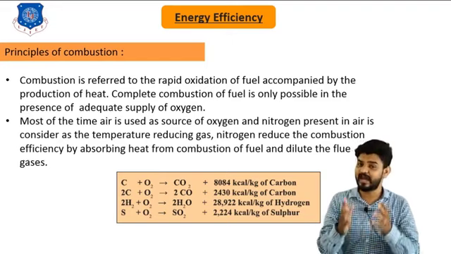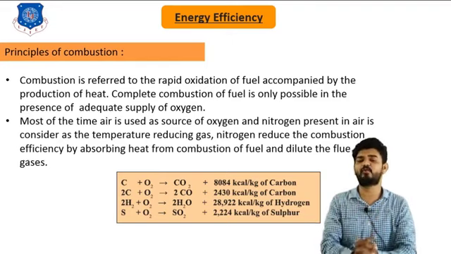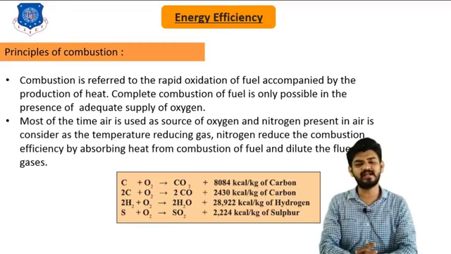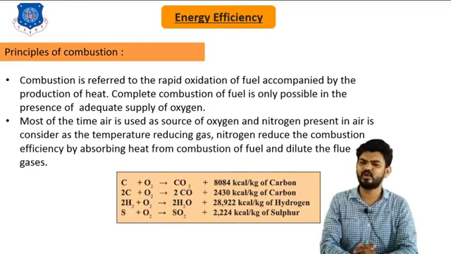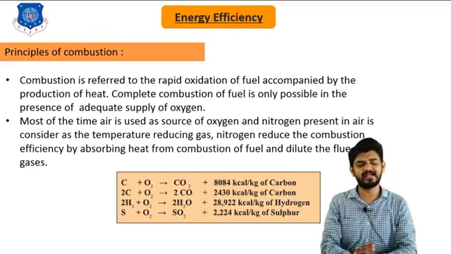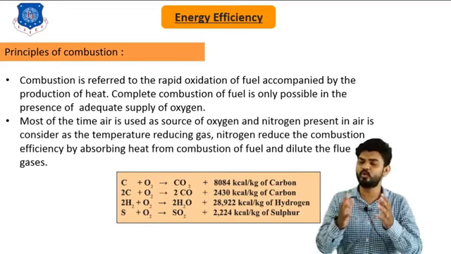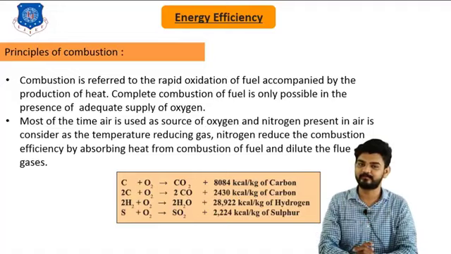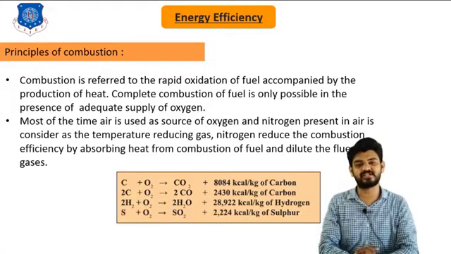If hydrogen reacts with oxygen, it ultimately produces water and releases around 28,900 kilocalories per kg of hydrogen. If sulfur reacts with oxygen in a combustion reaction, it releases around 2,200 kilocalories per kg of sulfur. So these are the typical values of combustion reactions.